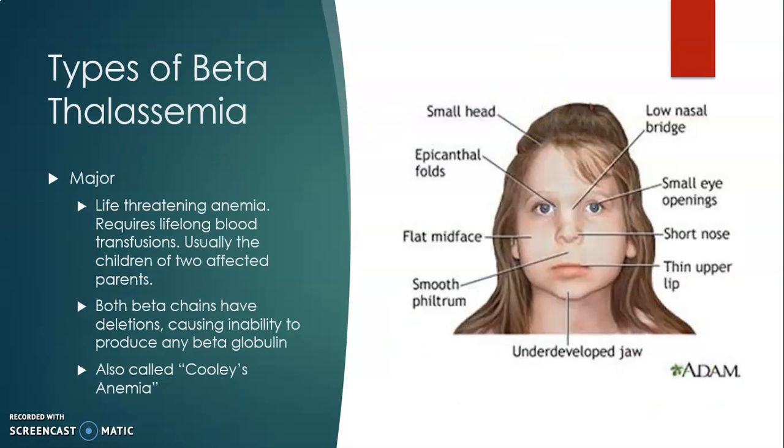There are 2 different types of beta thalassemia. The first one is the major type, the really severe beta thalassemia. That's caused when 2 affected parents have a child. That makes it so that both of the beta chains in the hemoglobin are affected.